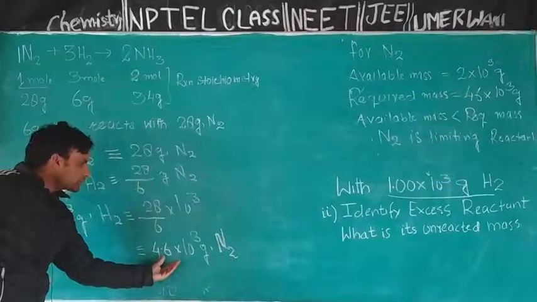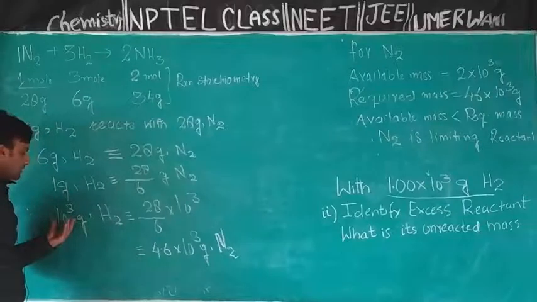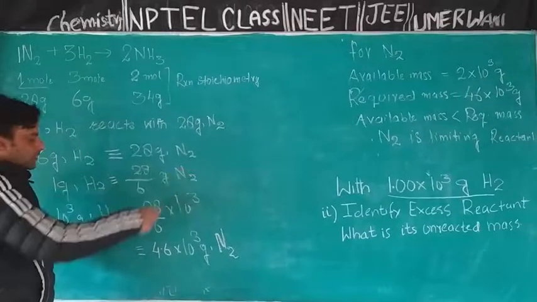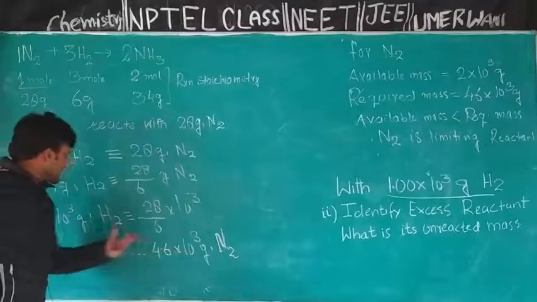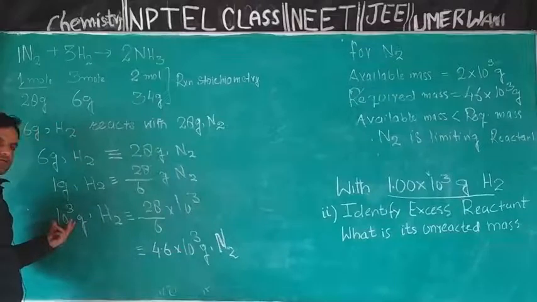This is also justified by the fact that 4.6 into 10 raised to power 3 grams will react with 10 raised to power 3 grams of hydrogen, but we take only 2 into 10 raised to power 3 grams. Therefore 2 into 10 raised to power 3 grams of nitrogen will react with a mass of hydrogen less than 10 raised to power 3.